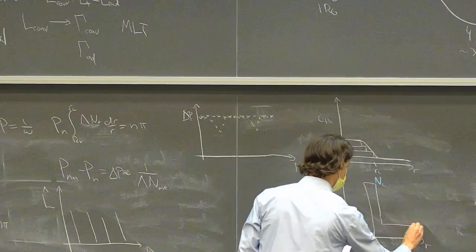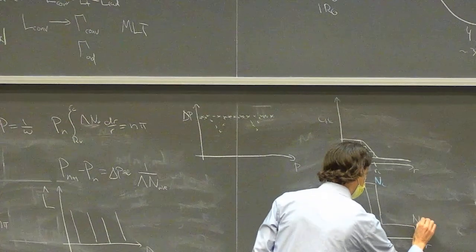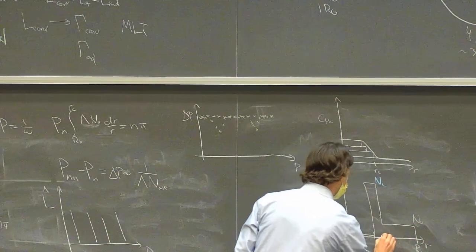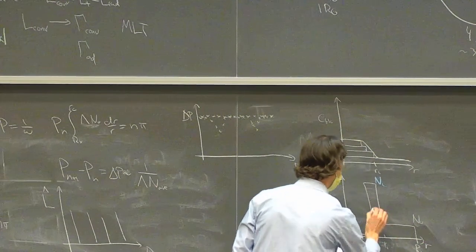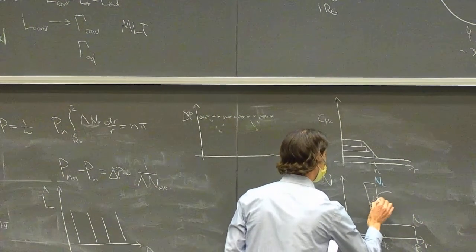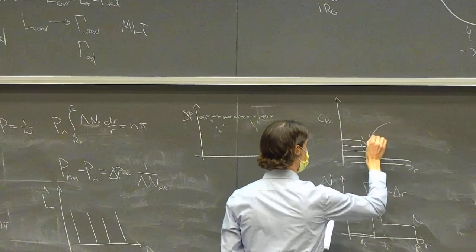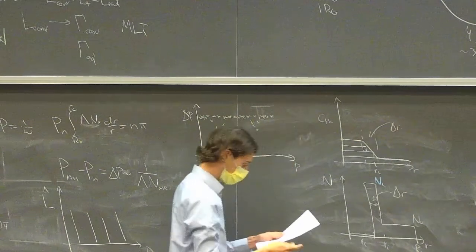And then you get to our old friend N naught out here. Okay, so this is the radius of the star, and then you have some interface here, and this region here has a width of delta R.